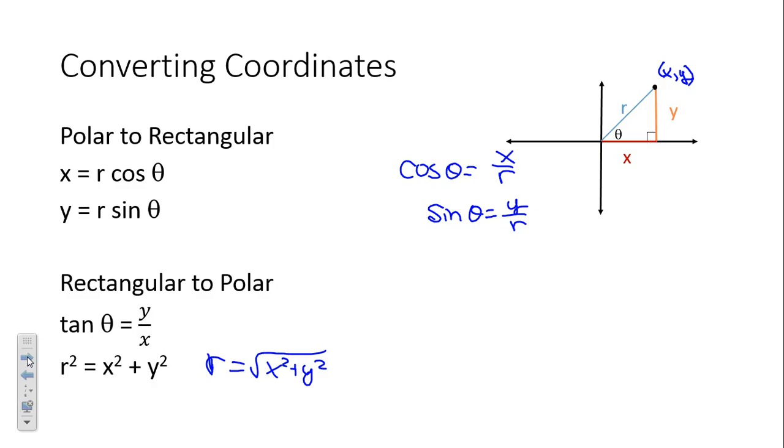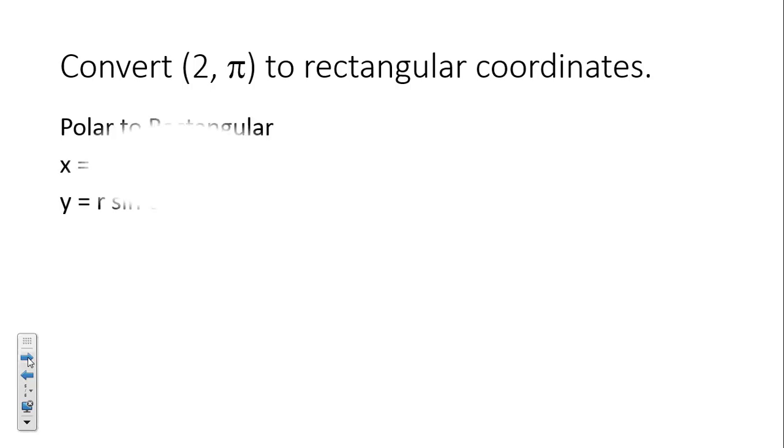Okay, so let's see it in action. We're going to convert 2 comma pi, r is 2, theta is pi, to rectangular coordinates. When we want the x value, we take r times the cosine of theta.